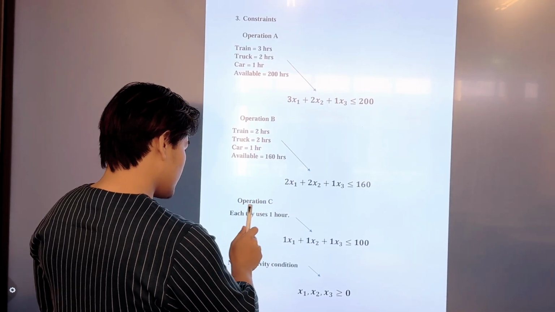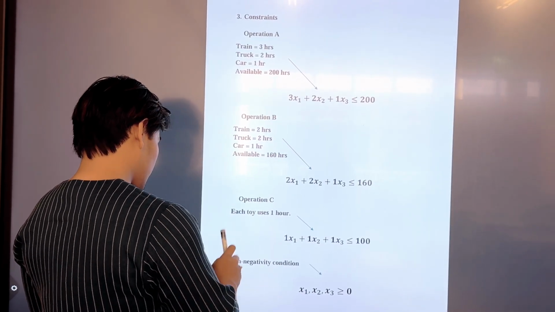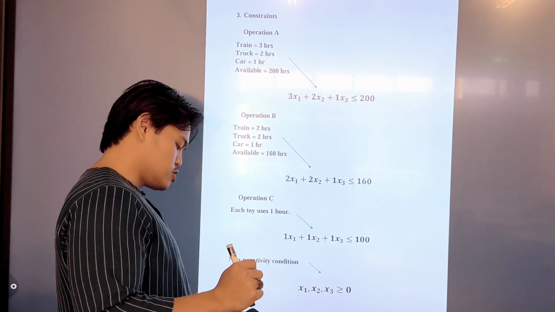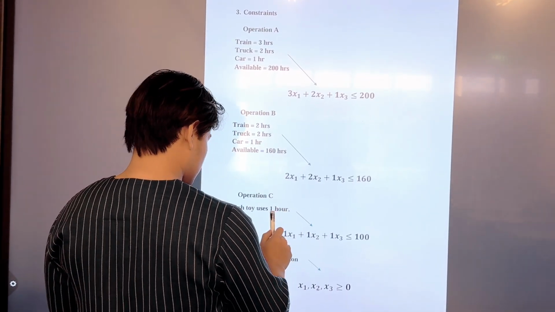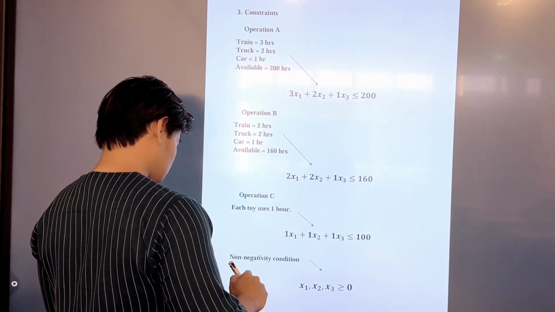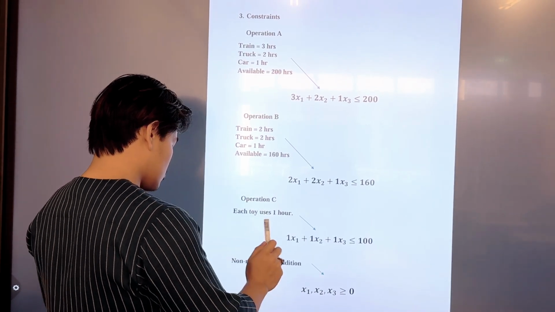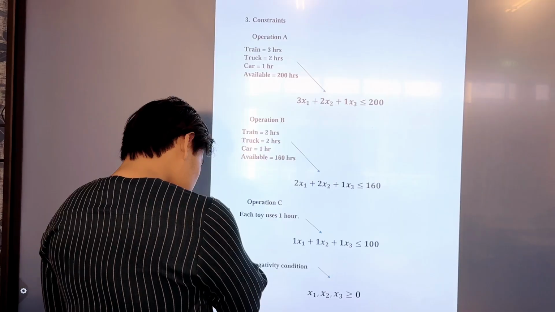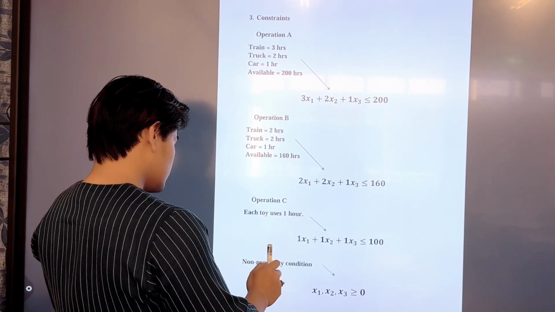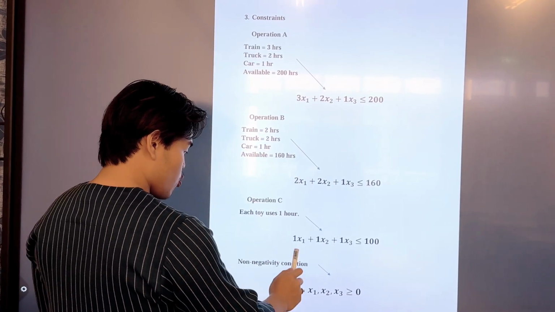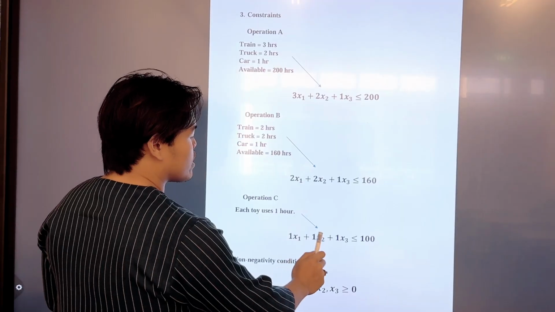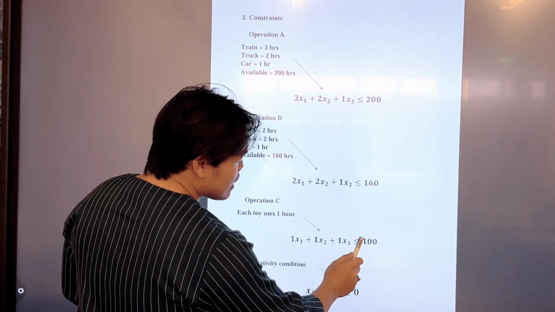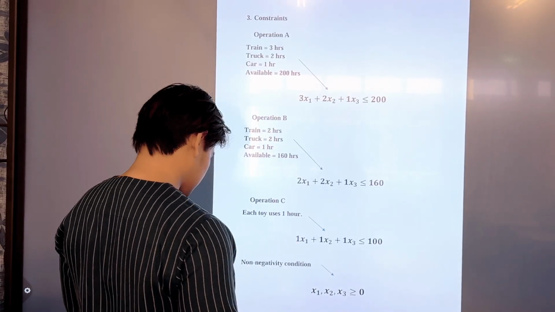For the third operation, C, for this final pass, every single toy uses exactly 1 hour, and the total capacity is 100 hours. So the constraint simplifies to 1x1 plus 1x2 plus 1x3 is less than or equal to 100.